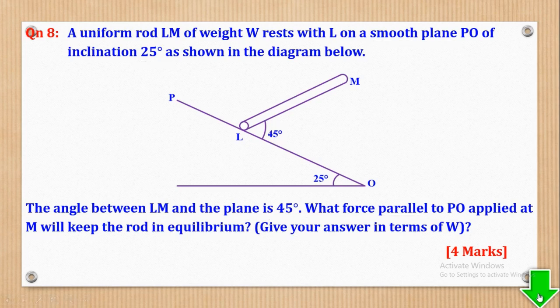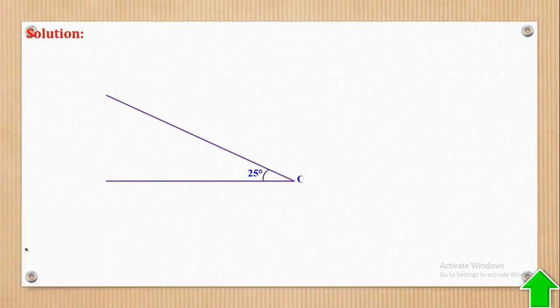So the first thing to do is to show the forces on the diagram. So let's first redraw the given diagram. Next is to show the forces. We shall begin with the weight, which acts vertically downwards. Now this angle is 70. How does the 70 come about?